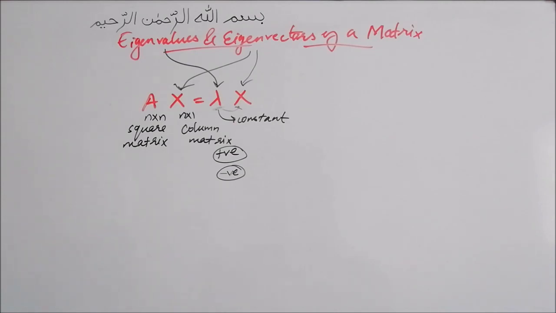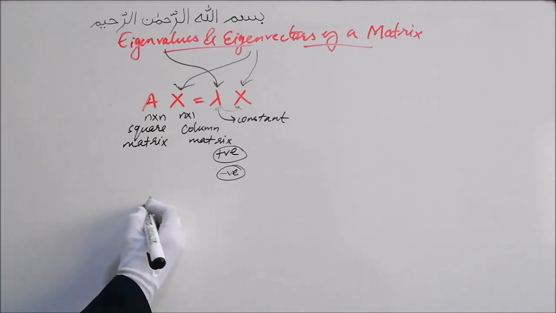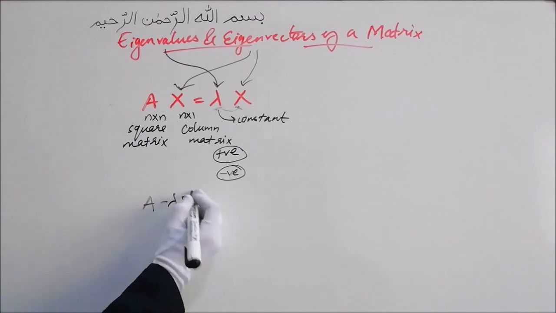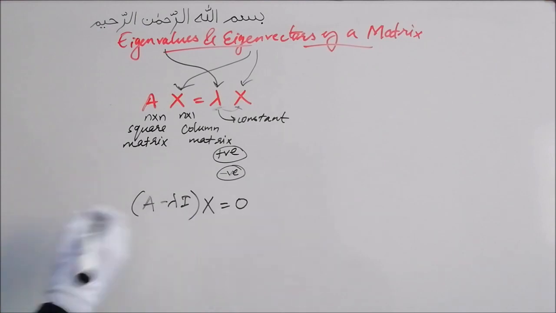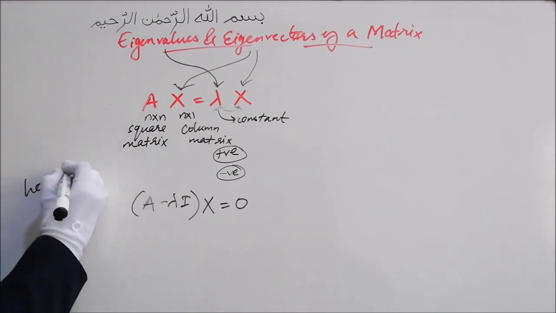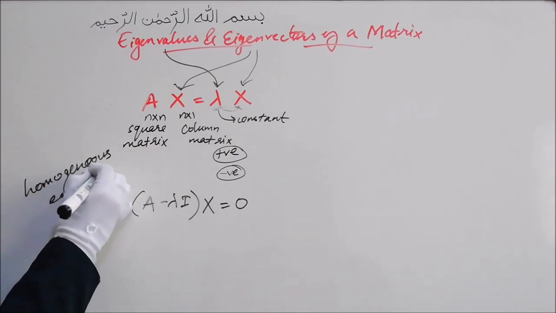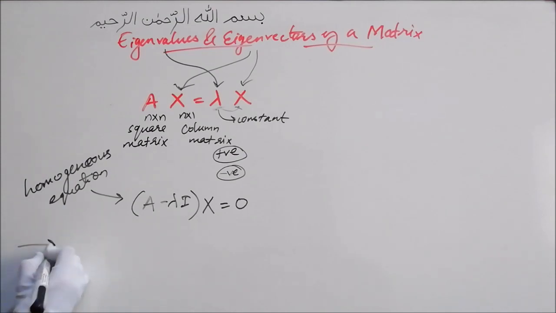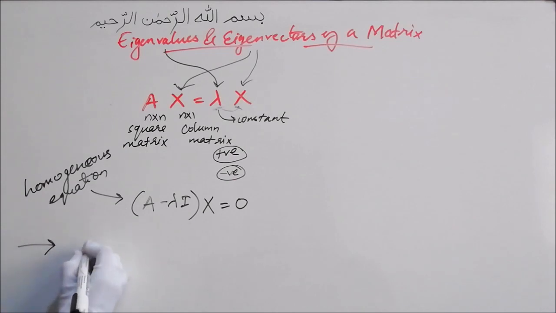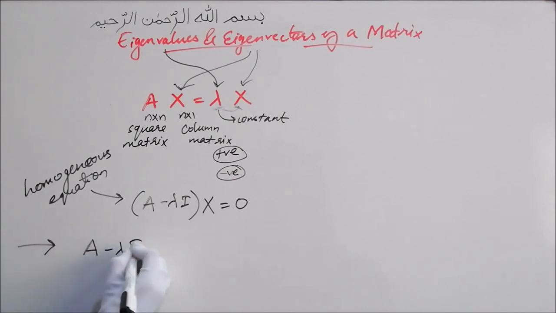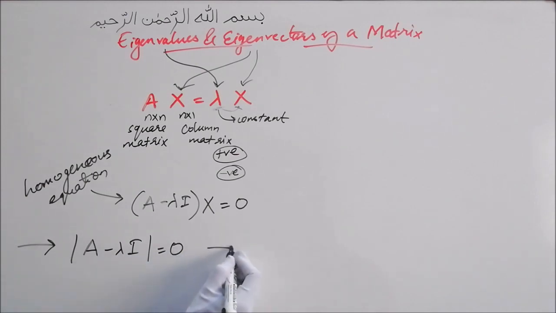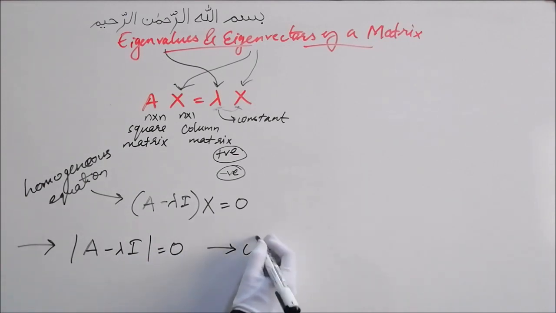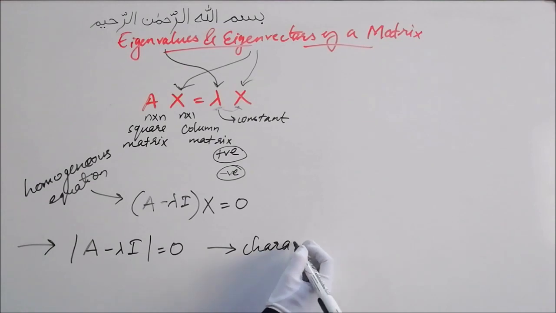Now this equation can also be written as A minus lambda I, where I is the identity matrix, into x is equal to 0. This is a homogeneous equation. Now to find the eigenvalues, that is to find the value of lambda, we use determinant of A minus lambda I is equal to 0, where this equation is known as the characteristic equation.